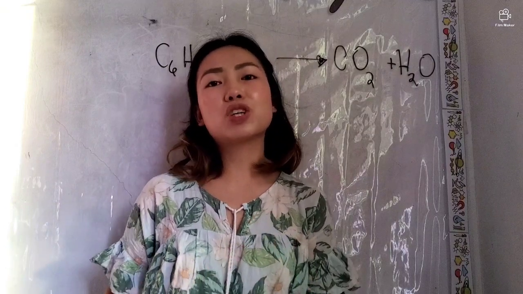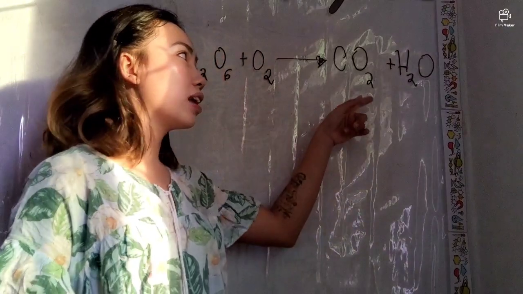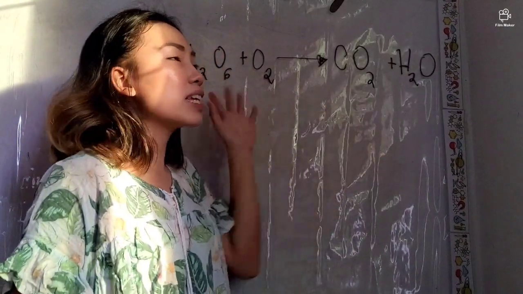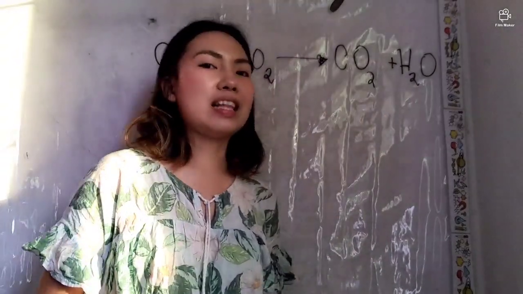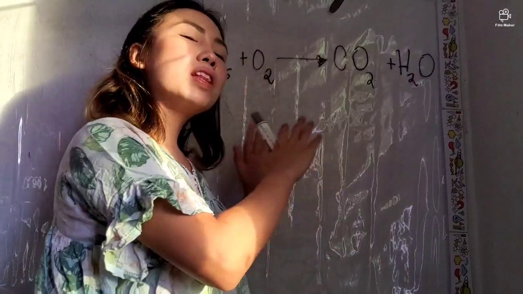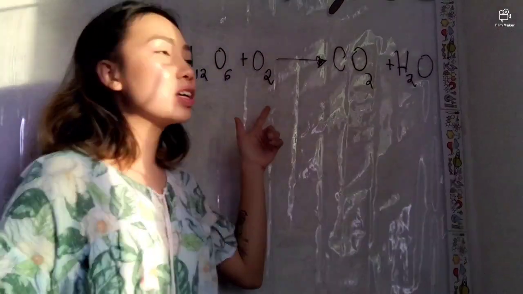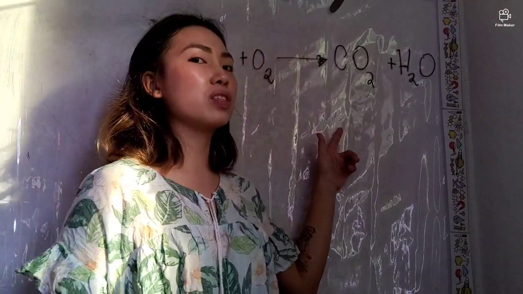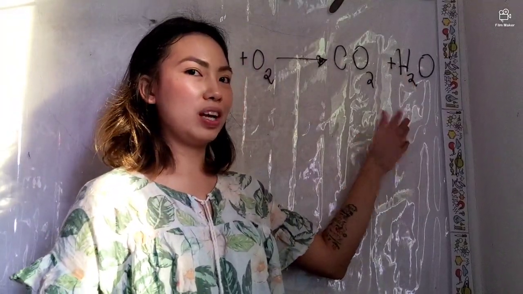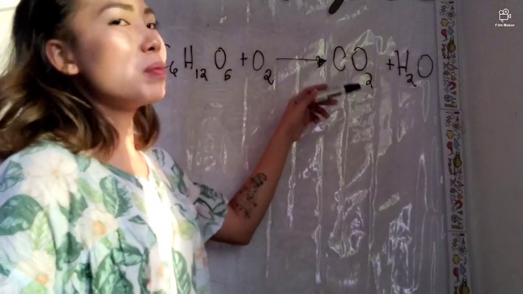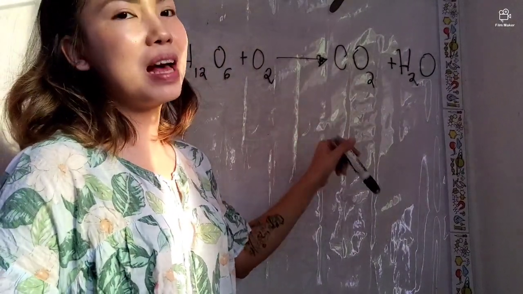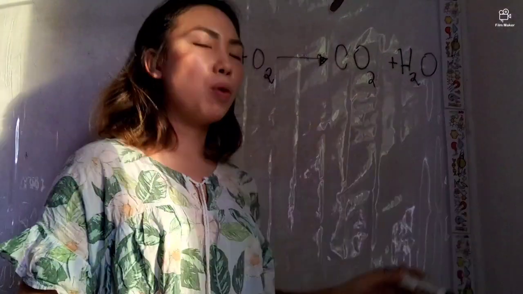In respiration, we just reverse the positions of the left and the right. So the materials we need will be glucose and oxygen, and our result will be carbon dioxide and water. Now, balancing is the same as the balancing of photosynthesis.